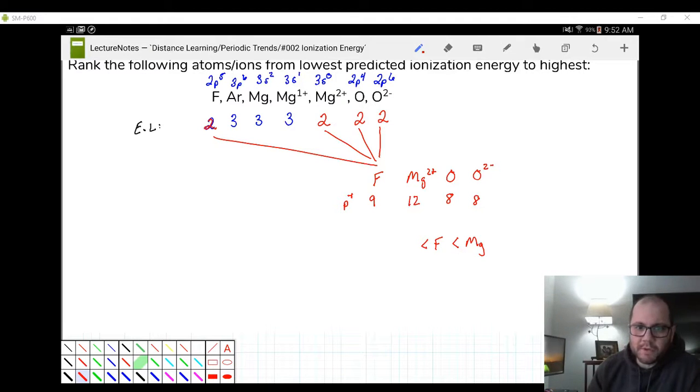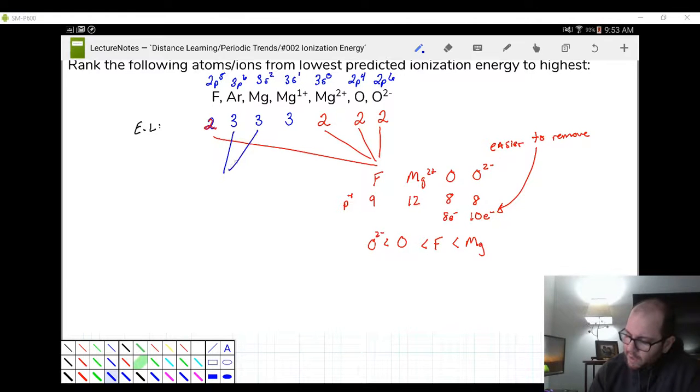And when there's more repulsion, it's going to make it then easier to remove an electron. So because oxygen 2- has 10 electrons versus oxygen neutral's 8, we know that oxygen 2- is then going to have a lower ionization energy because it's easier to remove those electrons.